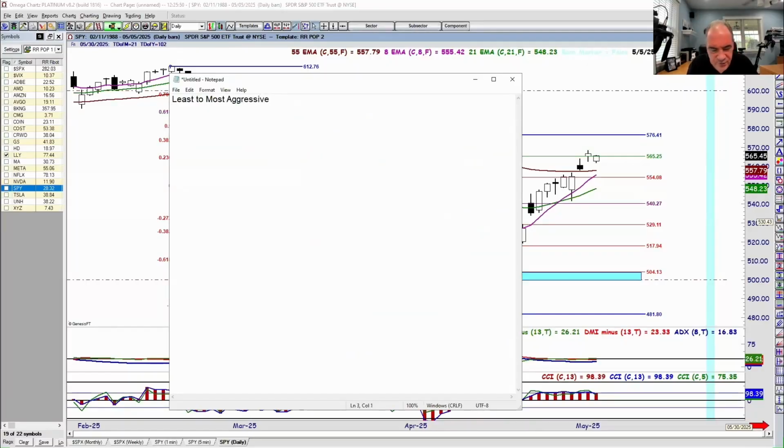Least to most aggressive. SPX and stock, same direction. That would be the least aggressive of anything we could do. SPX, and I'm just going to use this as an example, up.